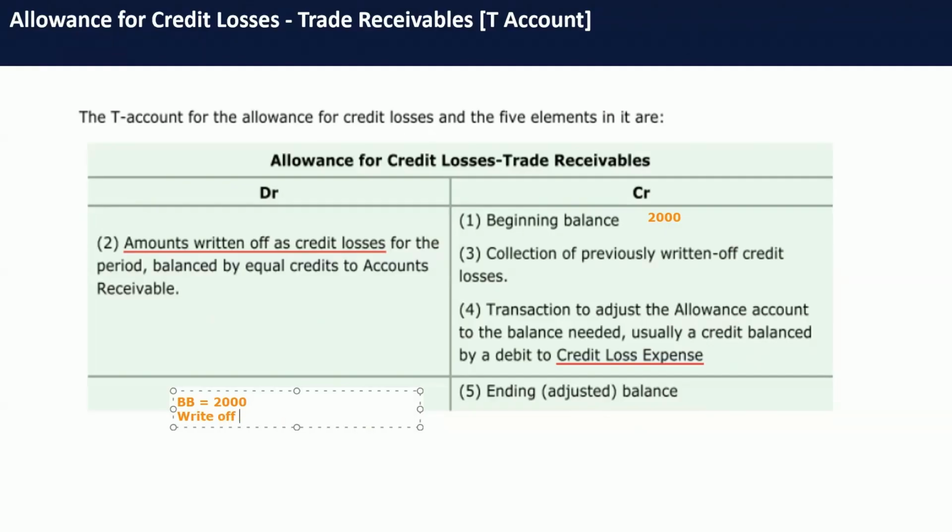Your write off is 1500 and your required ending balance is 4000. Now, what will be your credit loss expense? I'll give you 1 minute. All of you quickly calculate this.